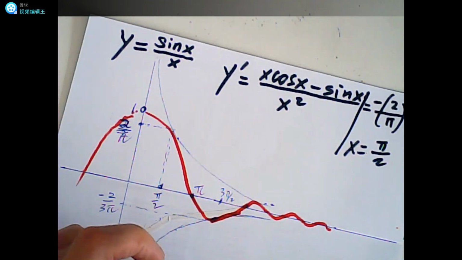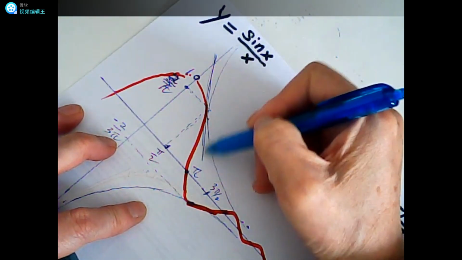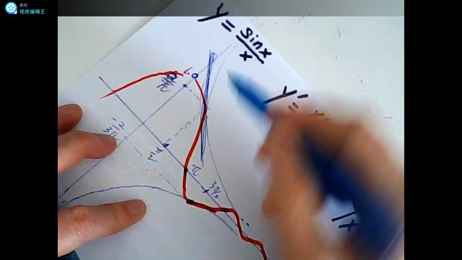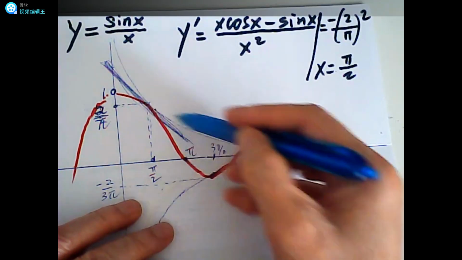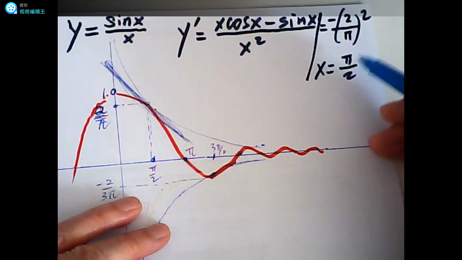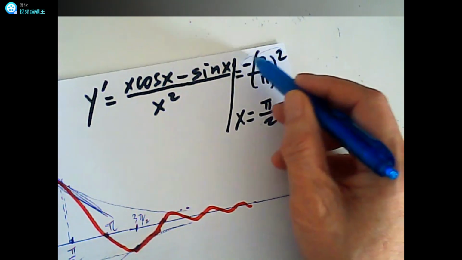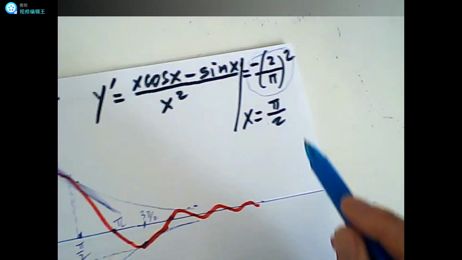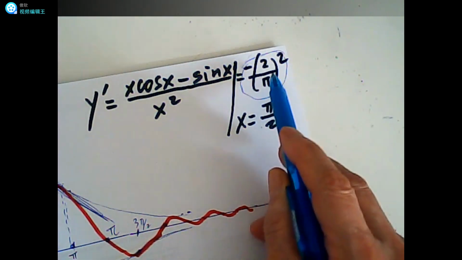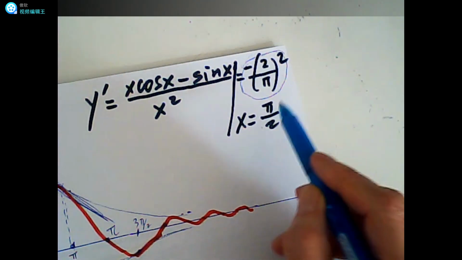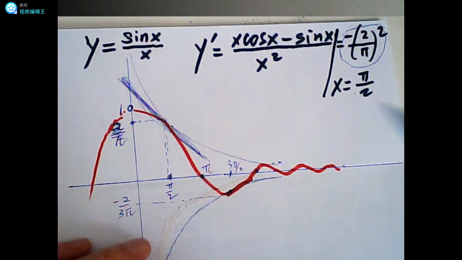So obviously the slope is negative. I can only show the idea. The slope of the tangent line to the curve at this point is negative, negative 4 over pi squared, not 0.